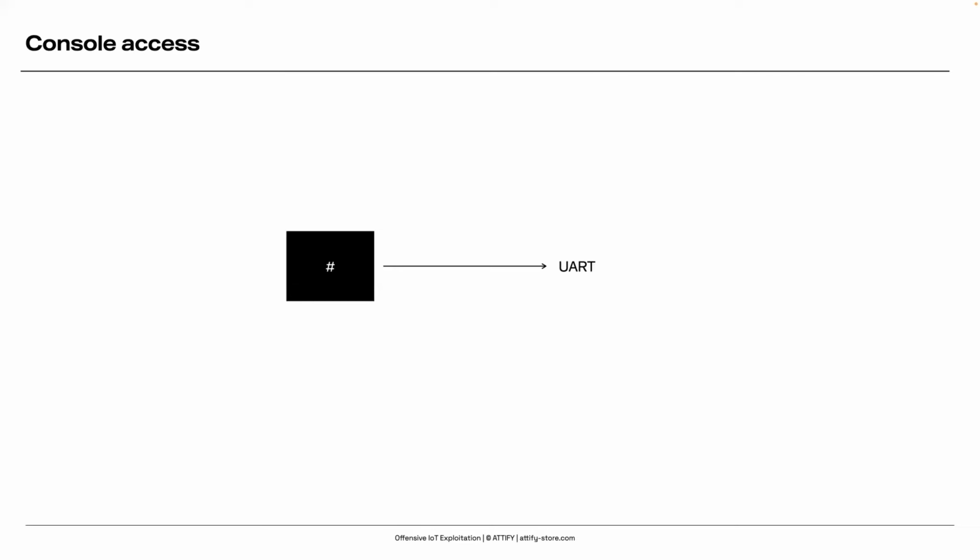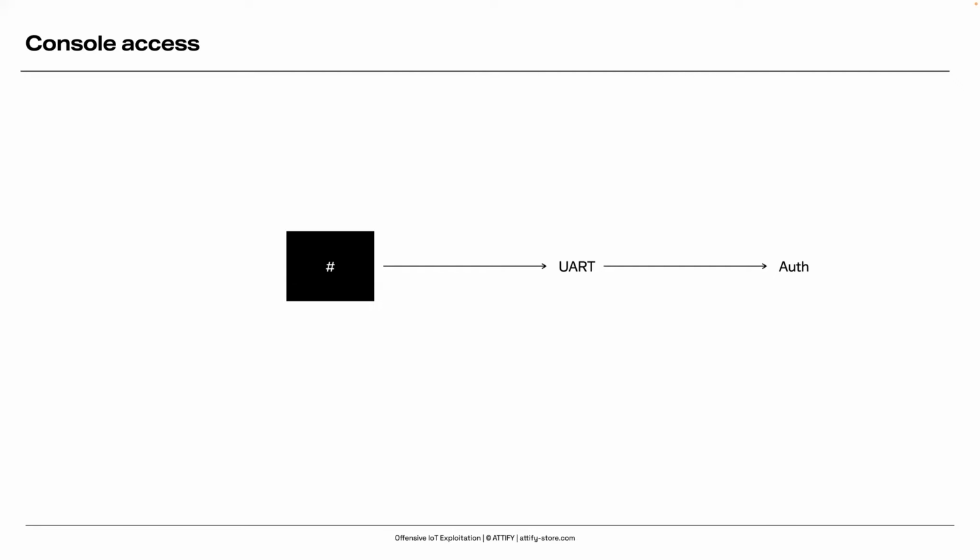If we want a root shell, the usual go-to way is by getting access to the UART interface. UART is a protocol through which chips can communicate with each other. So if you gain access to the UART of a device, you can possibly get access to the root shell and have direct access to the device.